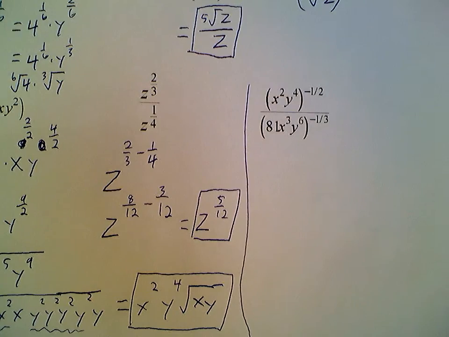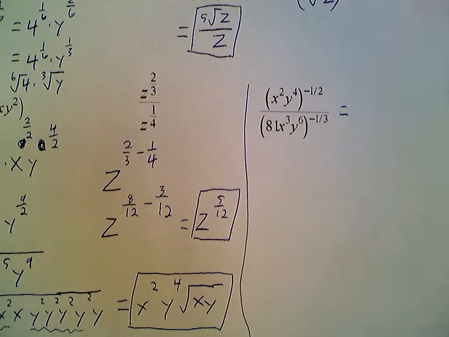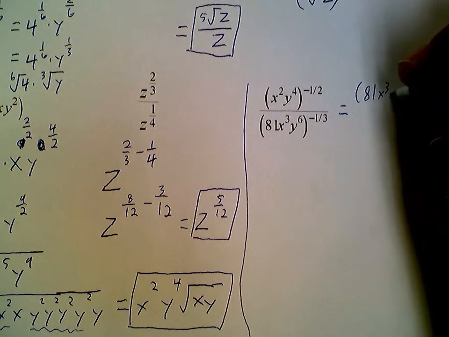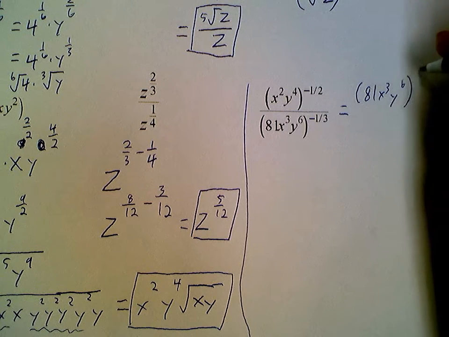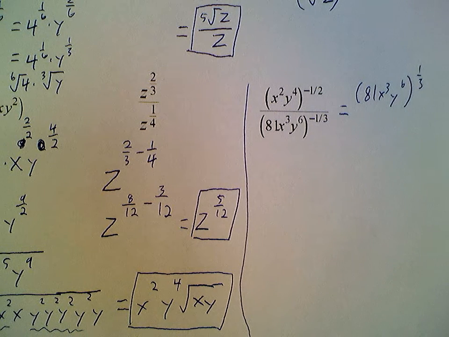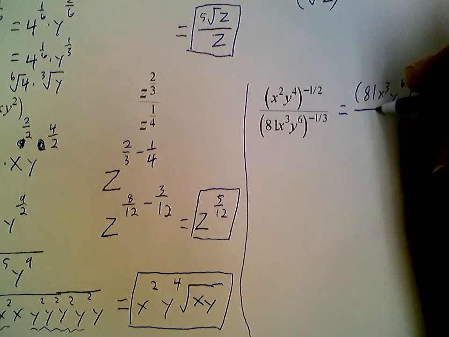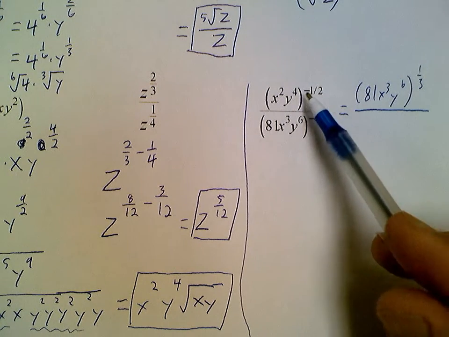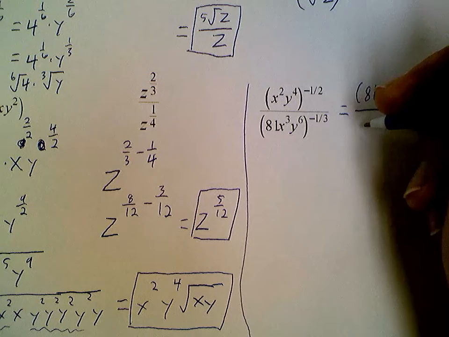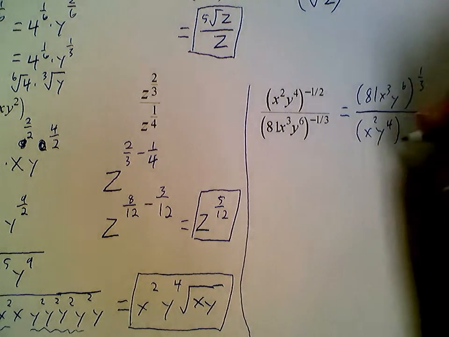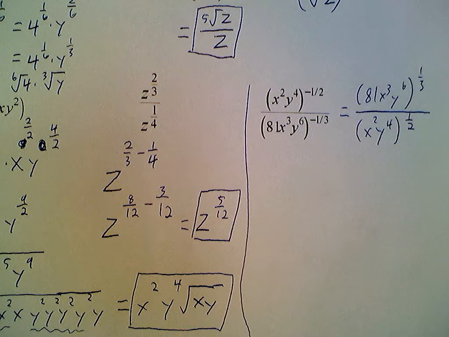So I'm going to go ahead and rewrite this to be 81x cubed y to the 6th to the 1/3 power in the denominator. So I get rid of the negative exponent and move it to the top, and I'm going to get rid of this negative exponent and move this to the denominator. So it's going to become x squared y to the 4th to the 1/2 power in the denominator.